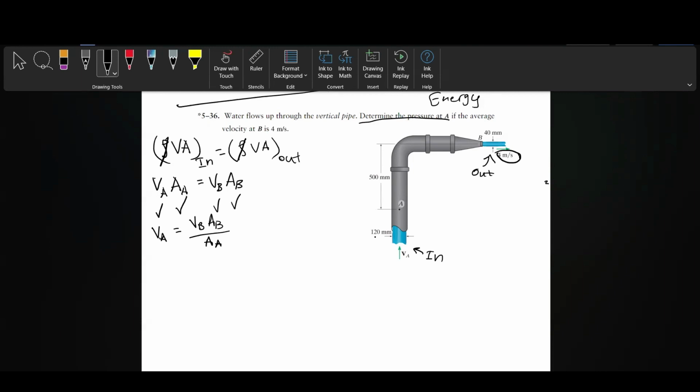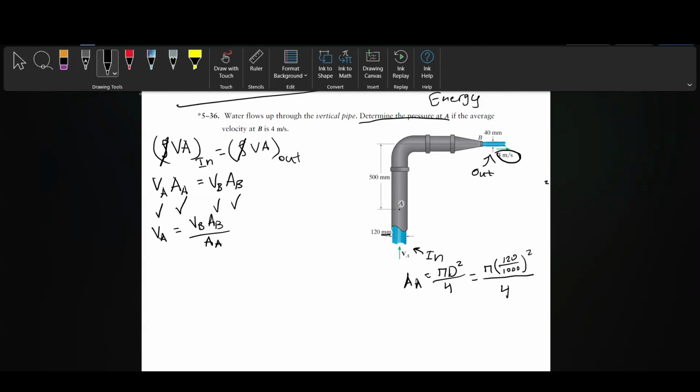So AA, the area at A, equals pi d squared over 4, which equals pi times 120 over 1,000 squared over 4. I did this because I'm converting from millimeters to meters.